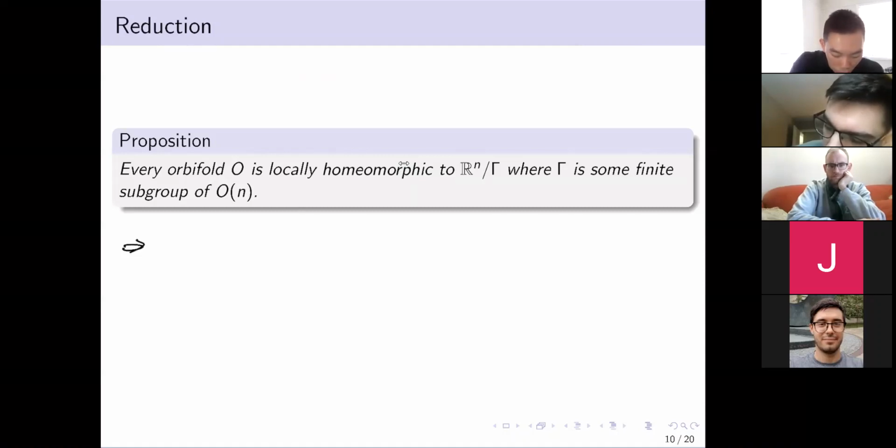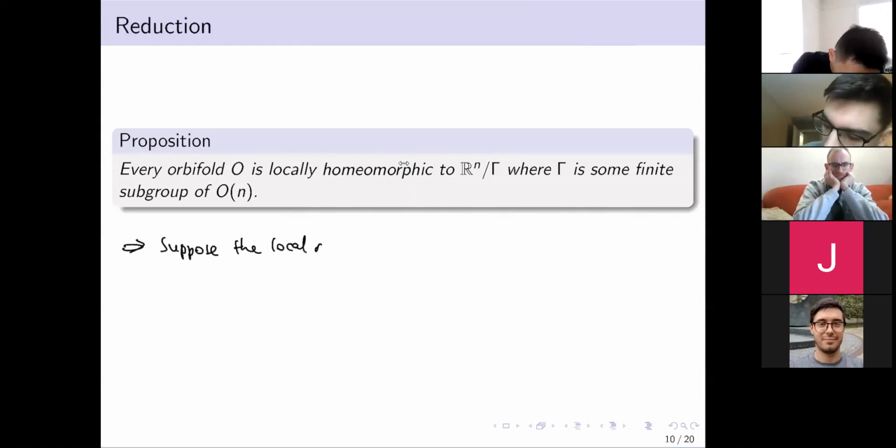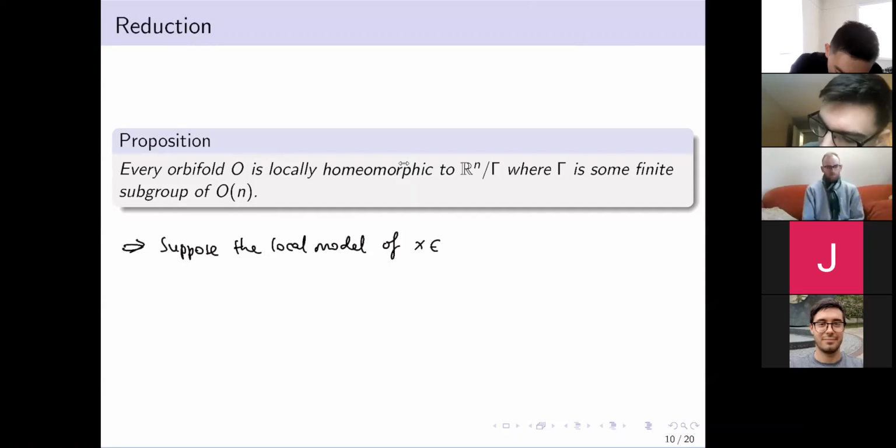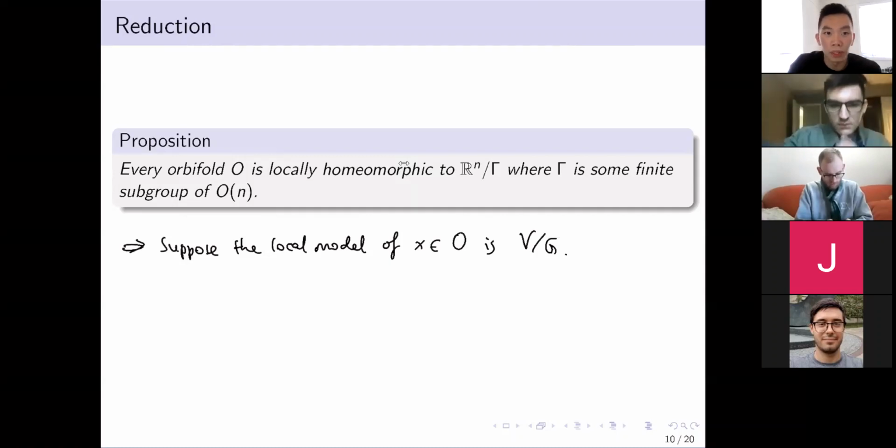So if I pick some point X, and then we have some small neighborhood. Suppose this neighborhood has some local model of X, and it is something like V modulo G, where V is some Euclidean subspace of R^n, and G is some group acting on V. Then I have some Riemannian metric that I can just pick.